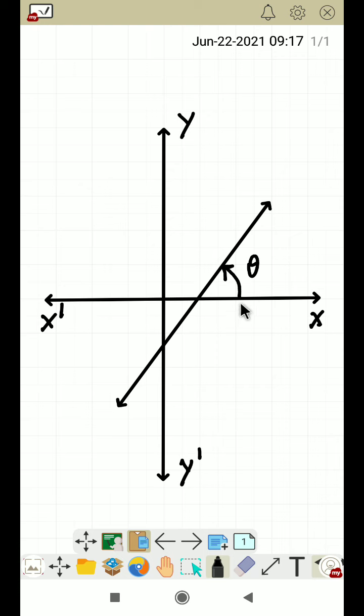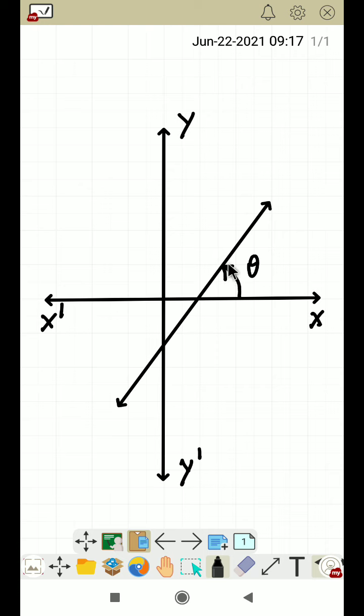What is the positive direction of the x-axis? If you consider the angle in the anti-clockwise direction, this is called the positive direction of the x-axis. If you consider the angle in the clockwise direction, that is called the negative direction of the x-axis. So here we measure the angle in the anti-clockwise direction.